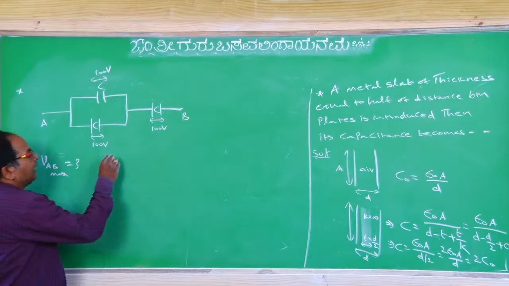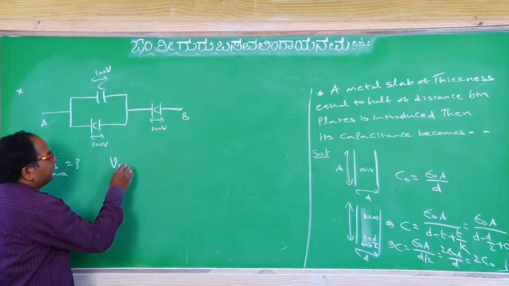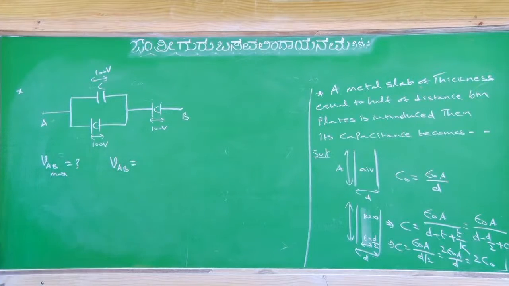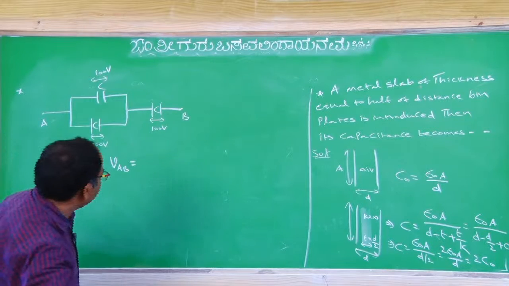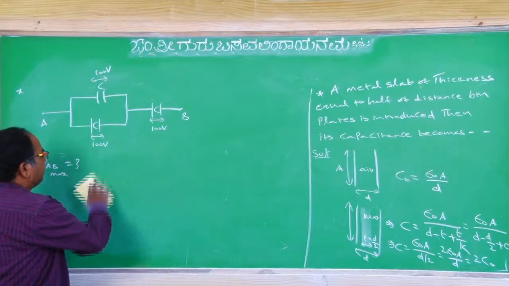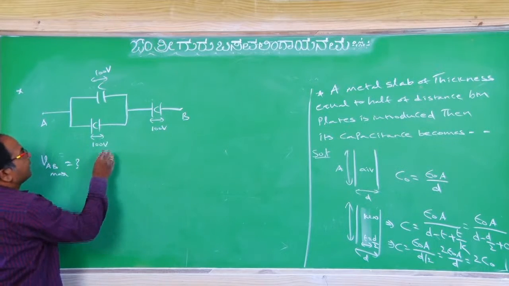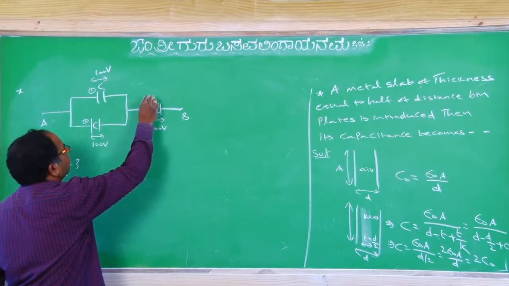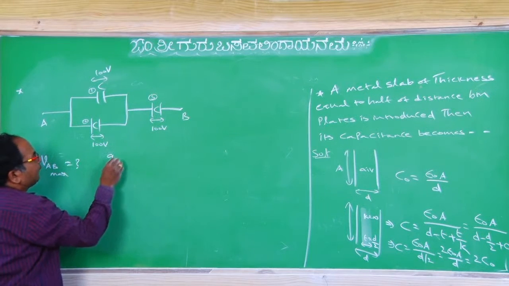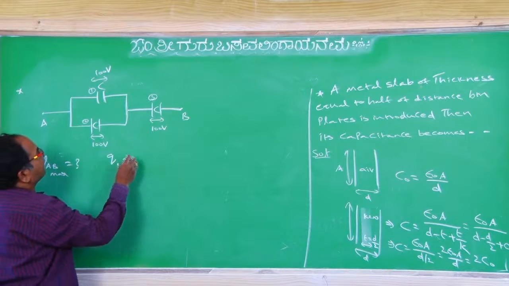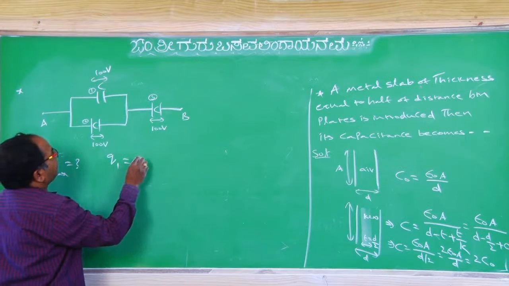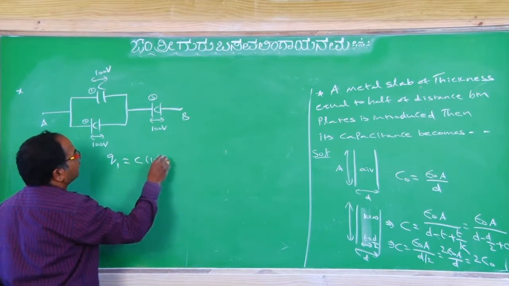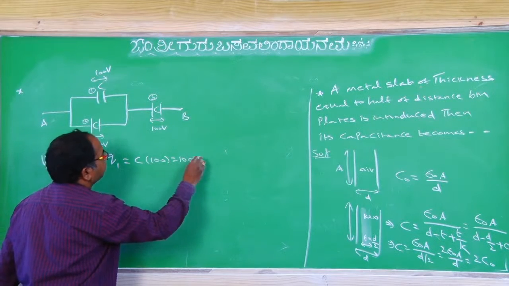Here already we know Q is equal to CV. So here we want to find out V. If you write this is the first capacitor, this is the second capacitor and this is the third capacitor, then Q1 is equal to C into 100, so 100C.